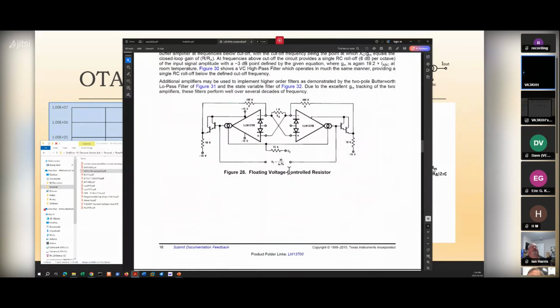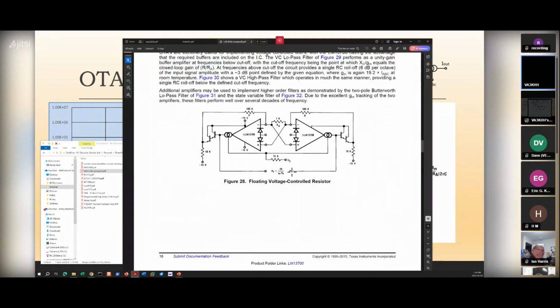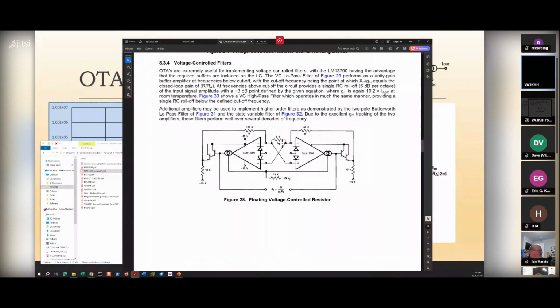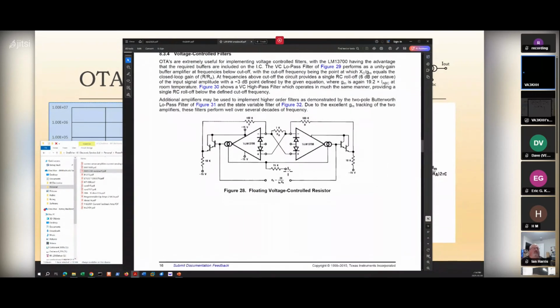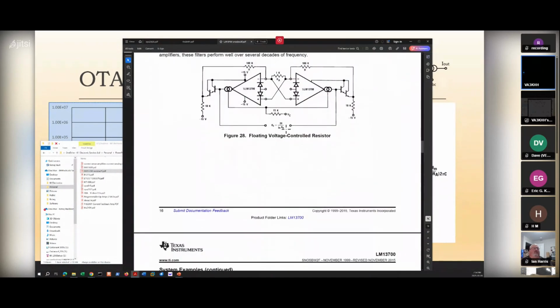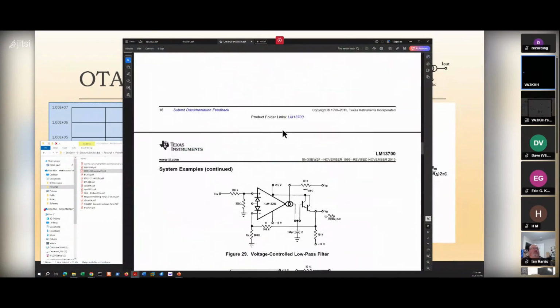I would love to just build this and put an ohm meter on it and see if it really does act like a resistor. You need both packages to do the floating version, but as long as your voltage on the resistor is within the rails, plus or minus 15, this will theoretically act like a resistor. Anyway, I thought that was one of the coolest circuits they had available here.